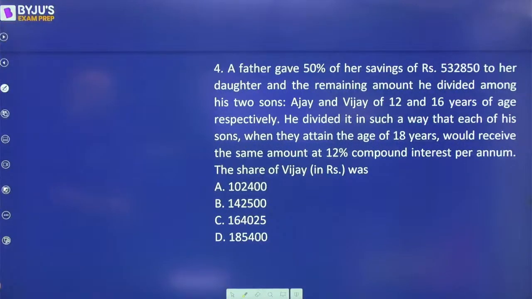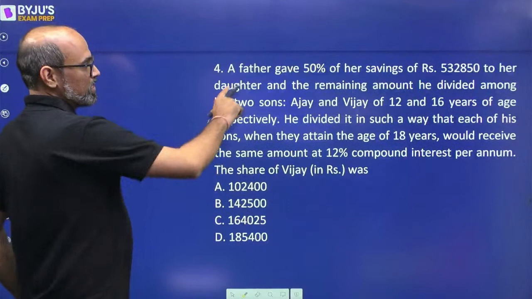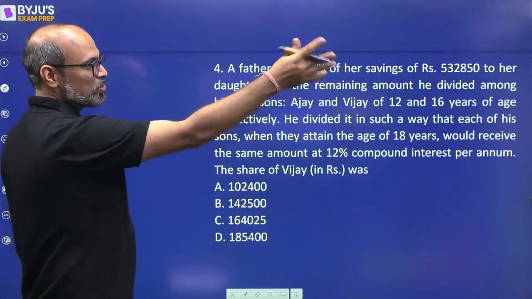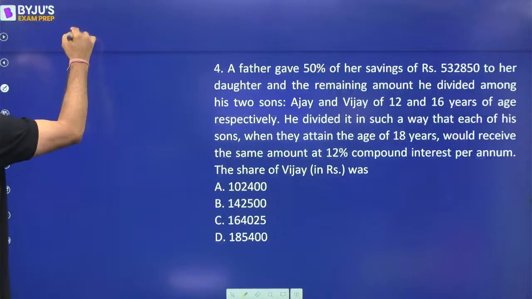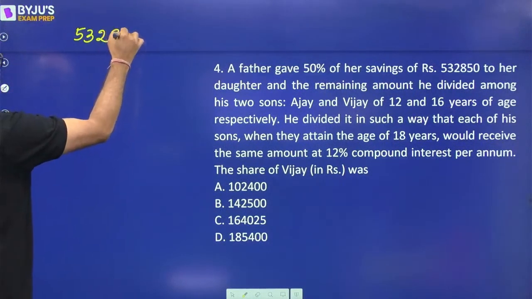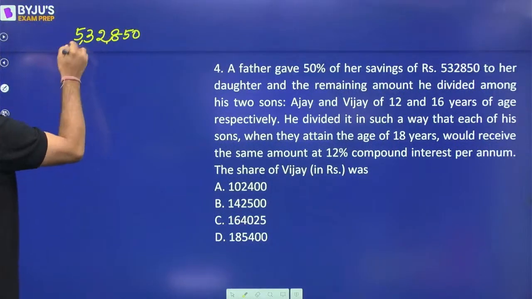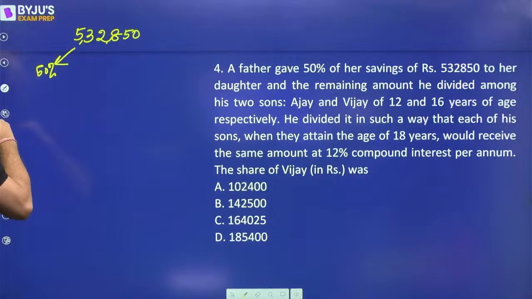Okay. So this is a very standard question you guys may have come across. It says that a father gave 50% of her savings. So 50% of 5,32,850. So 5,32,850 ka 50% he gives to his daughter, right?